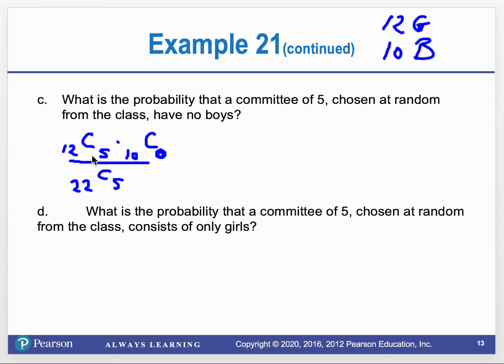But it's a pain to enter these combinations and permutations from our calculator. Usually it's several punches. So anytime I have a choose 0, that's always 1. Right? That's always 1. So really all I have to enter in my calculator is 12 choose 5 divided by 22 choose 5.